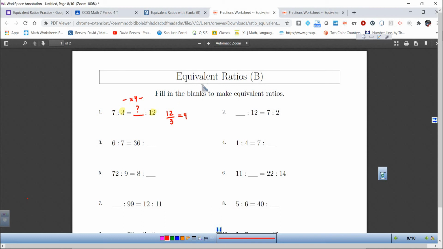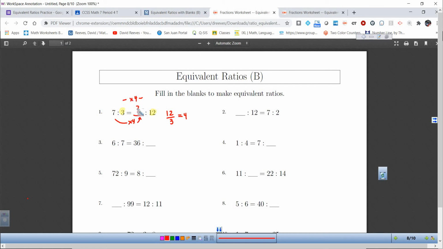Now, they actually are equivalent, which means they have the same value together, right? But we need to take both the first one and the second one and multiply by 4. So since 3 times 4 is 12, I'm going to do 7 times 4 to get that answer.